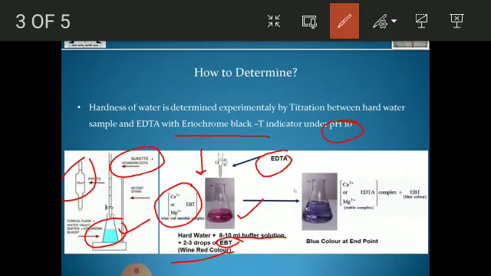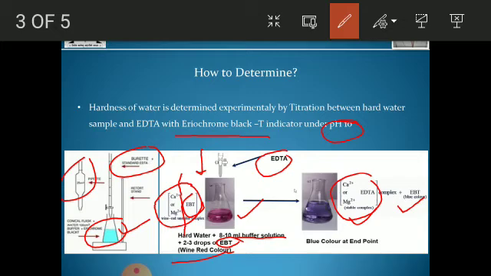When we go on adding EDTA solution, this EDTA molecule will form a stable complex with the calcium or magnesium metal ion of the salt present in the hard water. Means the temporary complex between calcium, magnesium and EBT is going to break, and a permanent complex with EDTA is formed, and this EBT becomes free.